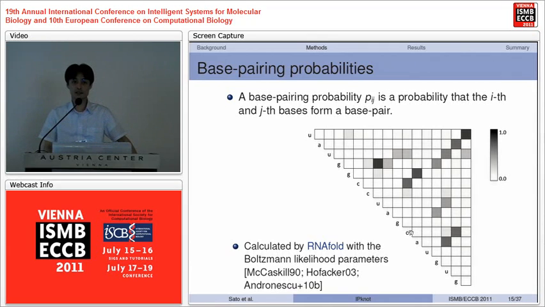Each cell represents base pairing probability by gradation. This matrix can be calculated by the McCaskill algorithm, whose time complexity is n cubed. Our implementation employed RNAfold in the Vienna RNA package with the Boltzmann likelihood parameters to calculate this matrix.